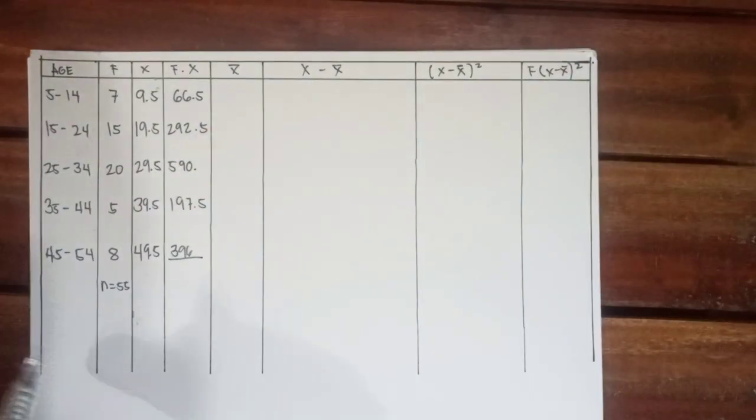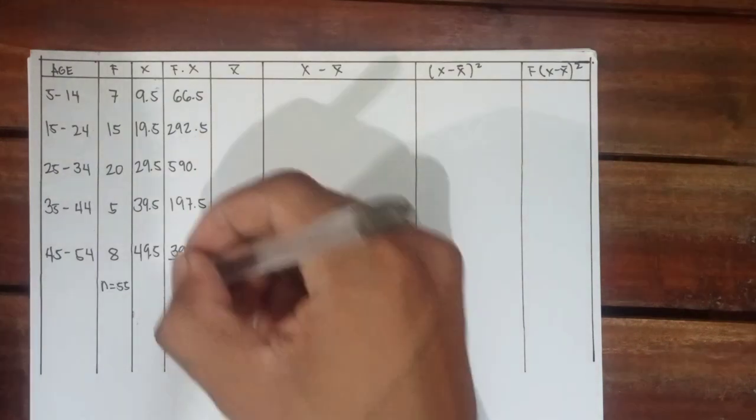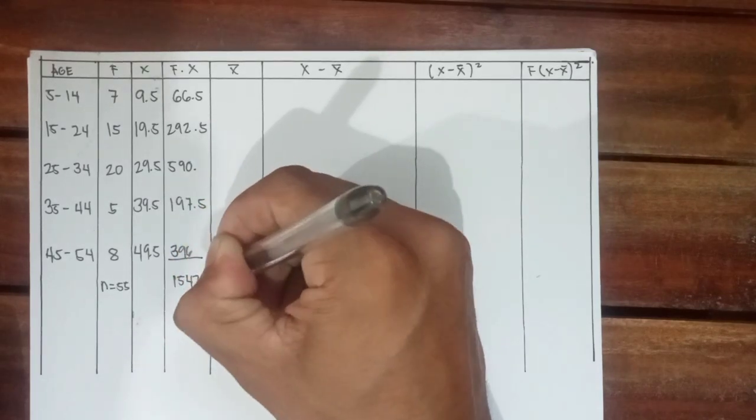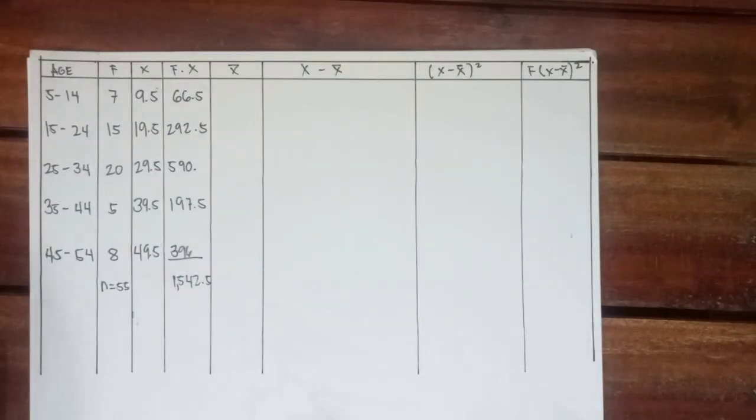So, i-add natin lahat. 66.5 plus 292.5 plus 590 plus 197.5 plus 396. So, ayan na po. Ang sagot is 1,542.5.